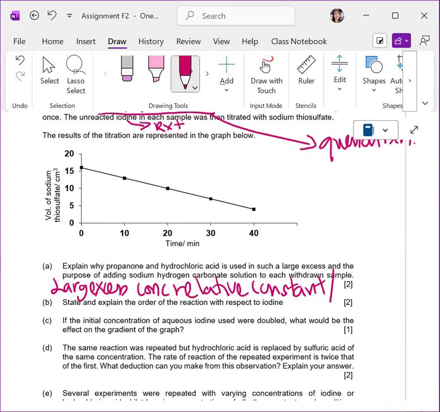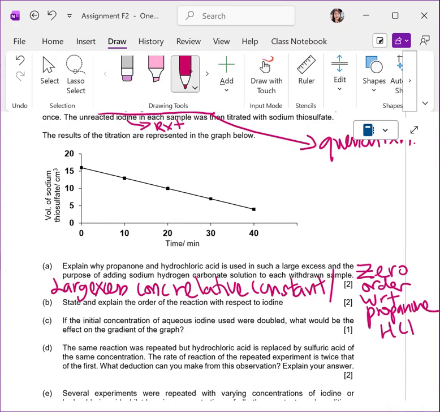So the large excess of the propanone and HCl gives rise to a constant concentration, and therefore the reaction is likely to be zero order with respect to the propanone and the HCl. Okay, it's not a real zero order, we actually created that zero order, so it's called a pseudo zero order.